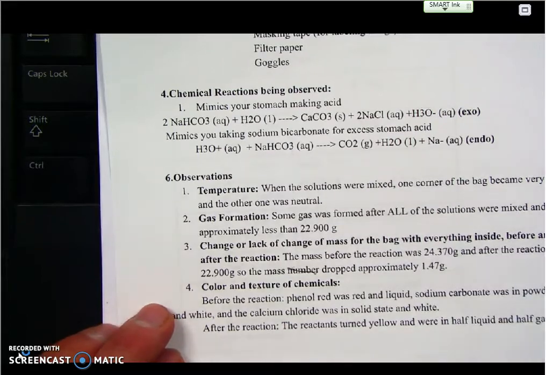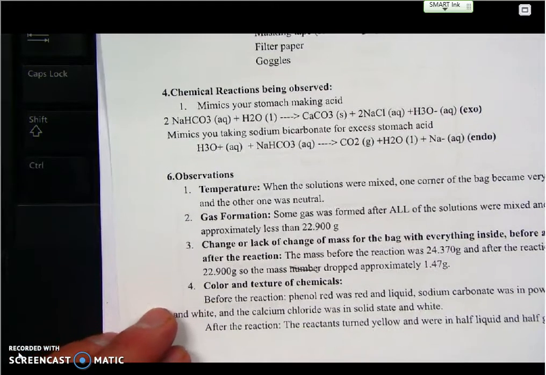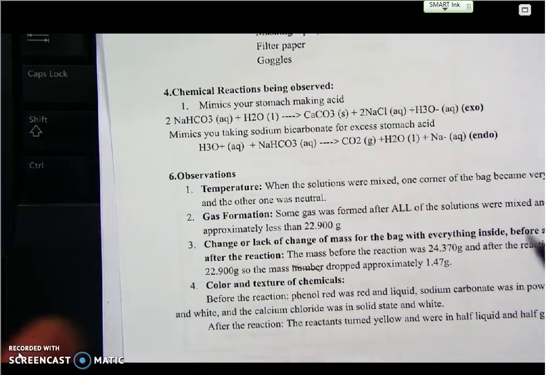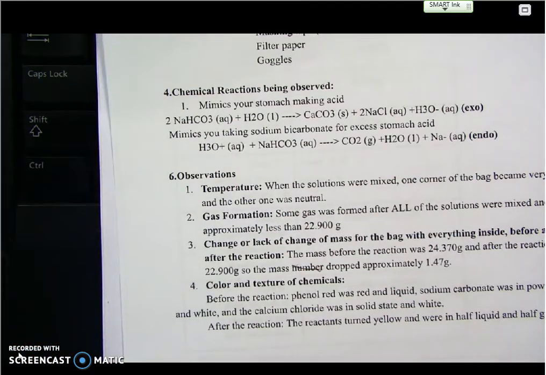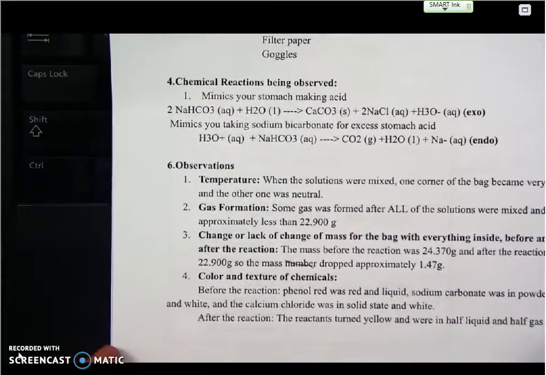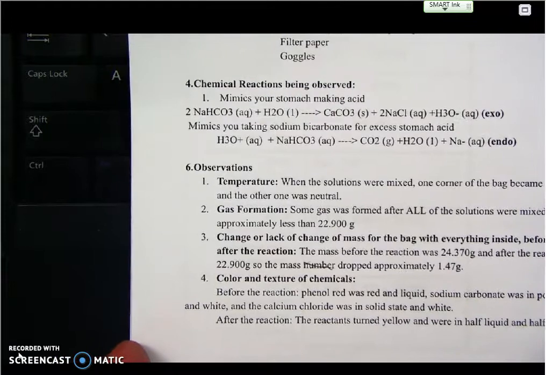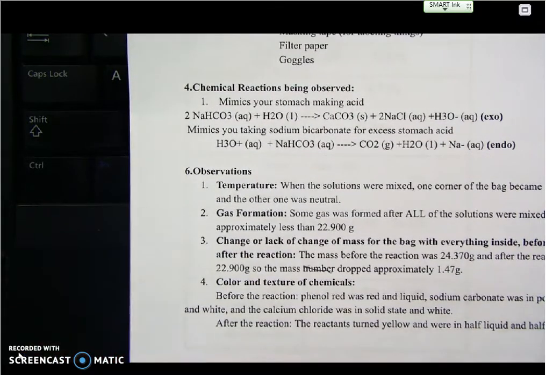For instance, how many of you had a situation where you put the phenol red on top of the calcium chloride, the little white beads? You put the phenol red in there, and it got hot, real hot. That is an observation. The next part of that was, how many of you had the phenol red solution turn yellow on you before you did the mixing?